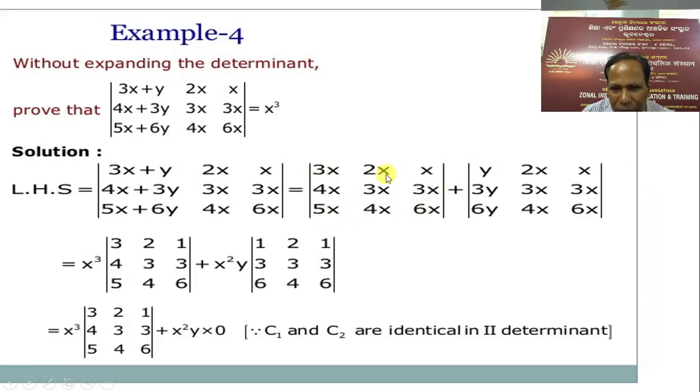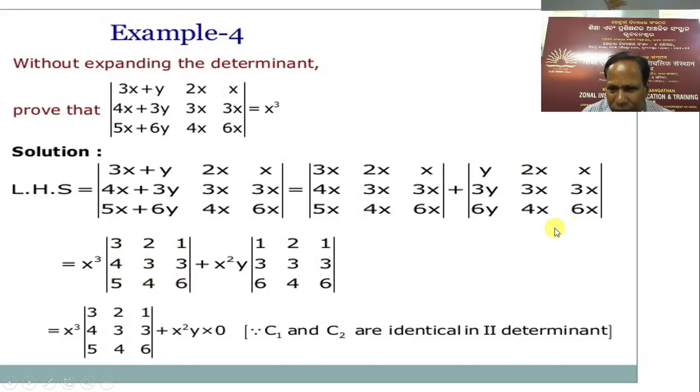So from the first row we can take x common, second row we can take x common, third row again we can take x common. That means we are getting x cube as the common factor. So we are left with 3, 2, 1, 4, 3, 3, 5, 4, 6.